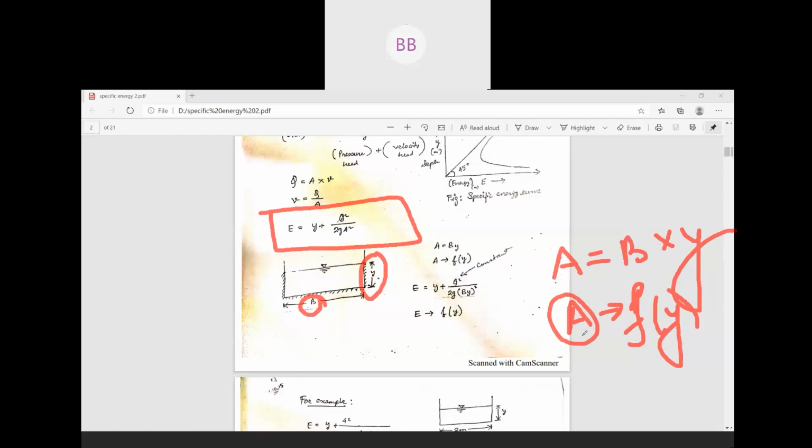That is why your area is a function of y. So ultimately, in this equation, if q is constant, then we can say our energy is also a function of y. That is the reason why we draw a graph between depth of flow and specific energy.